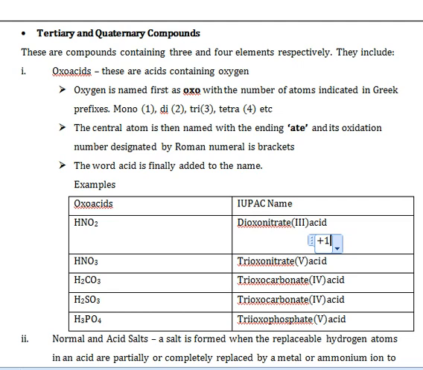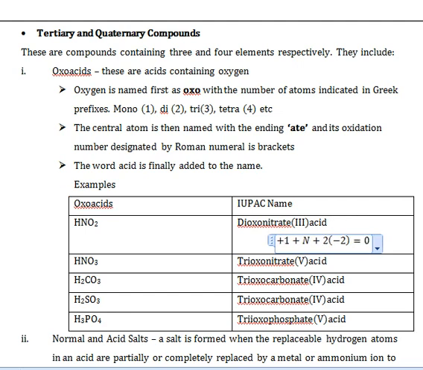Then you have the oxidation state of nitrogen to determine. Then oxygen follows. There are two atoms of oxygen there. Each oxygen atom has an oxidation state of -2. Everything there adds up to 0 because it is a neutral compound.